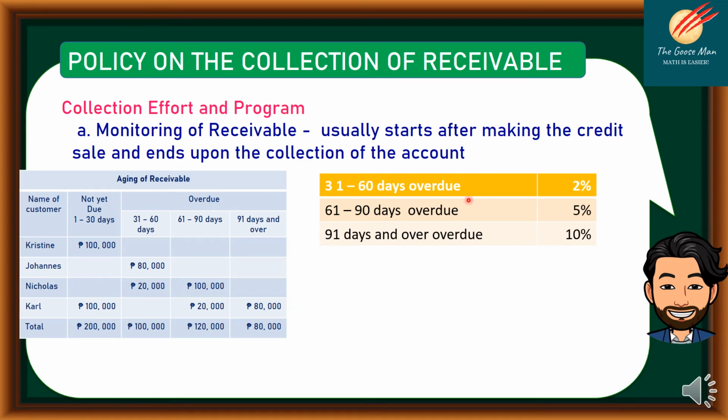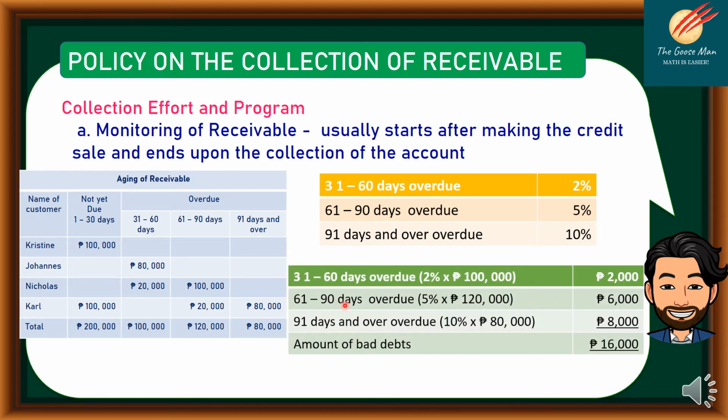So the estimated amount involved in these bad debts of the business is computed as follows. For 31 to 60 days overdue, that is 2% of 100,000 pesos, so that is equal to 2,000 pesos.